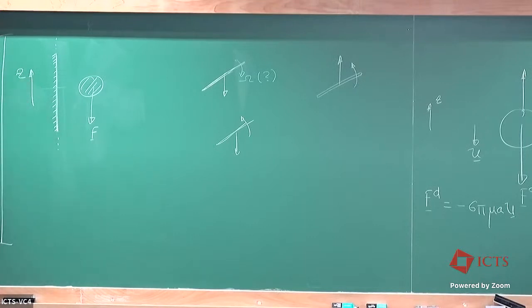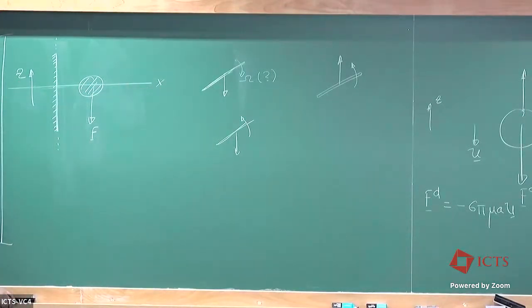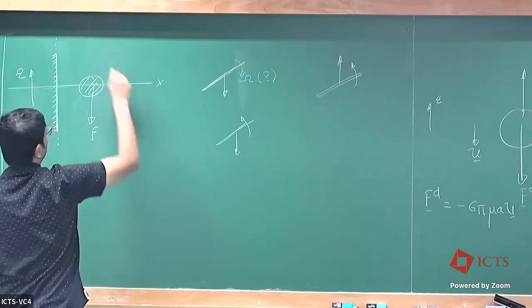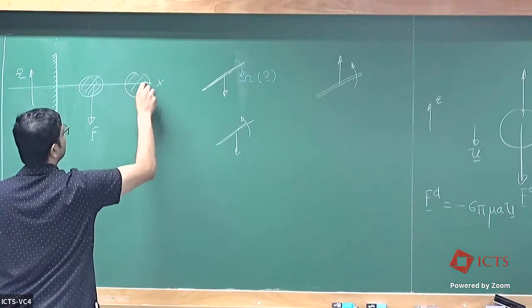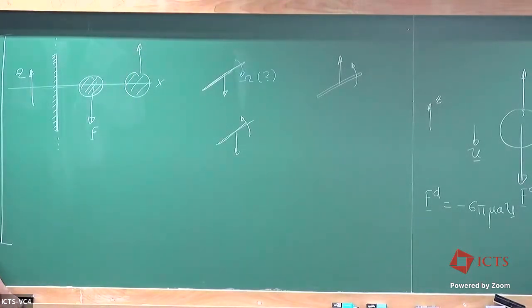So it doesn't matter. If I reflect the whole problem about some axis X of this form, the problem is identical. So if I change the direction of the force, this problem should be identical. There shouldn't be any difference, right? So there is a symmetry around this plane where you can reflect things, and we should have the same results no matter what.